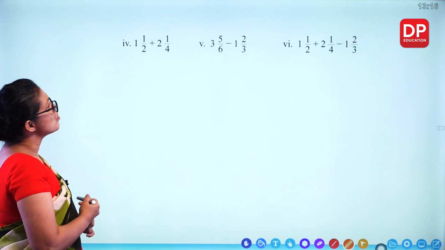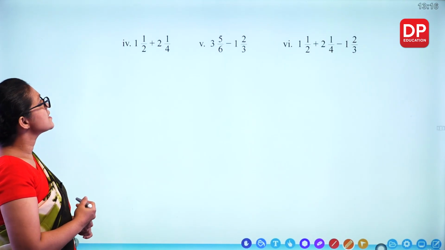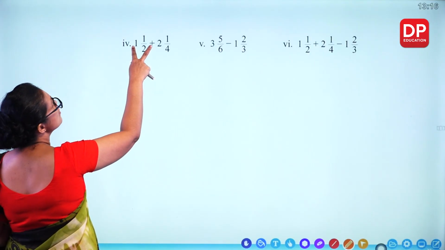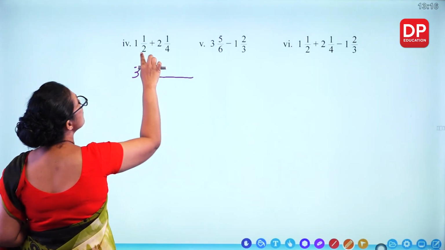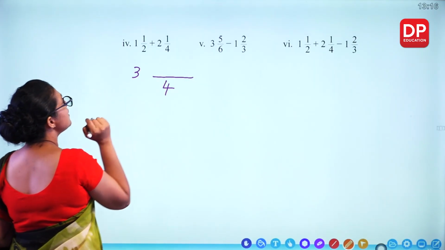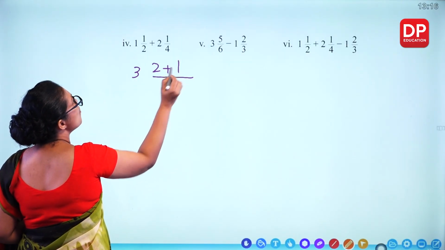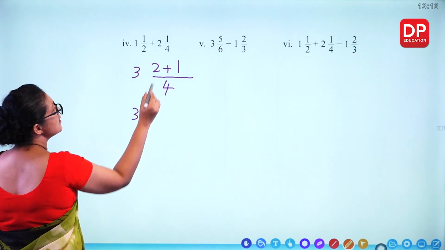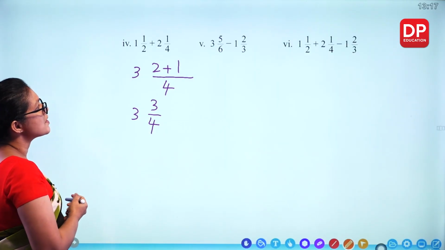Addition of fractions. So all are mixed numbers. We can do separately. 2 plus 1, 3. Then the common denominator for 2 and 4 is 4. Find the equivalent fractions. 2 times 2 and here 1. So what's the answer? 2 plus 1 is 3. 3 and 3/4.